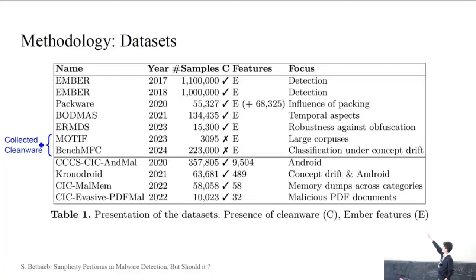Only the Android dataset is different, because in the literature it came with more features, and that's what we used. Here I didn't want to overload the slide, but all the datasets have the appropriate citations in the paper. We used public datasets, which have their own public set of features. The Windows ones use all Ember features, and the others have their own custom features that are all described in the paper.